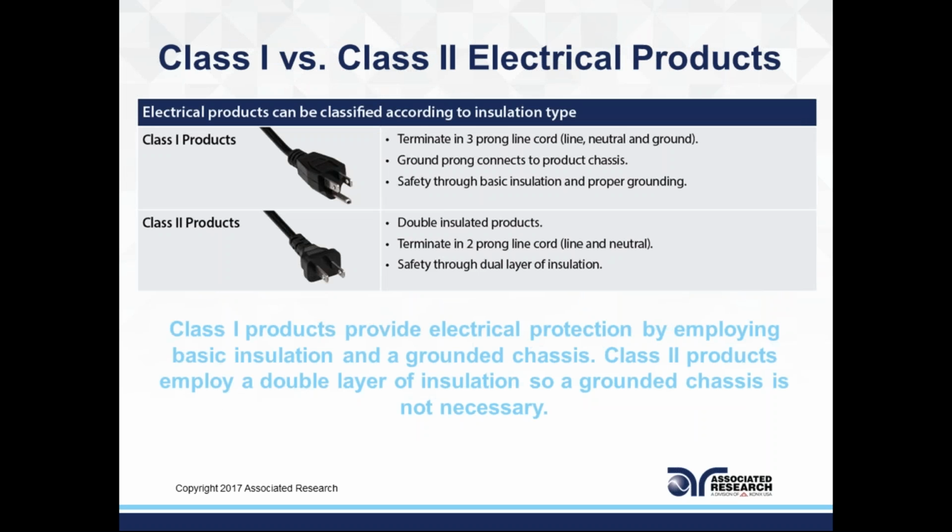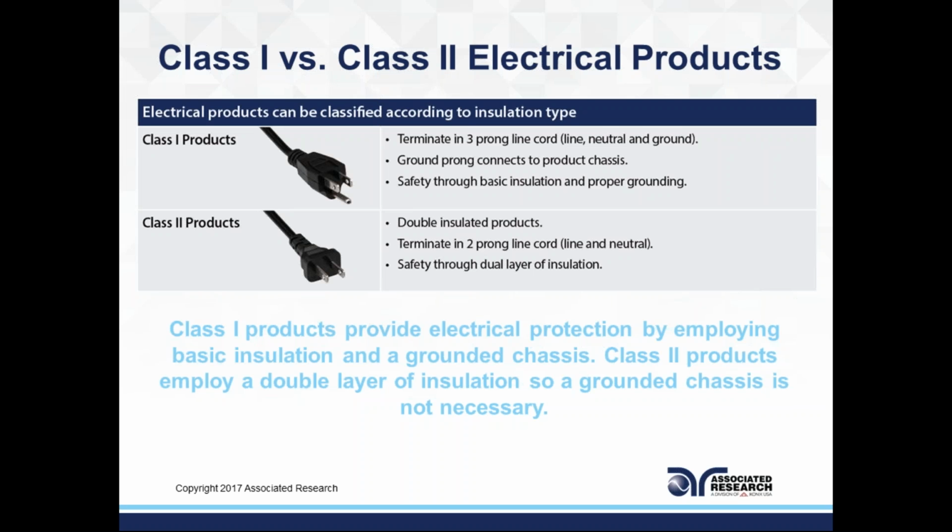Before we talk about the types of tests to be performed, we have to clarify what the different classifications are. Now, when we're talking about electrical safety testing, you could have your product classified as either a Class 1 product or a Class 2 electrical product. If you think about a Class 1 product, think about a line cord that has line, neutral, and a ground pin.